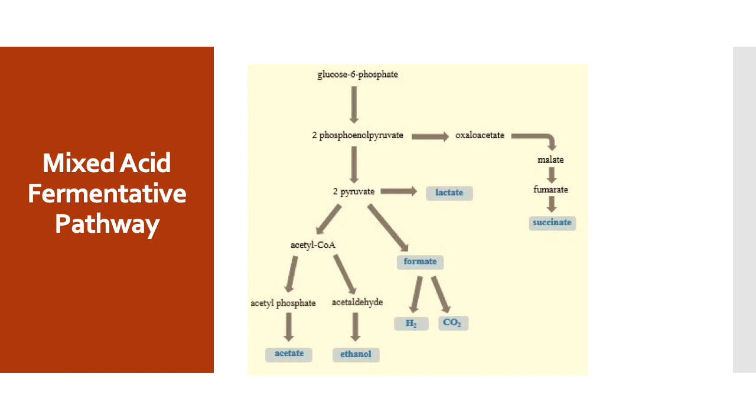The acetyl-CoA is then converted to acetate by the activity of two different enzymes, namely phosphotransacetylase and acetate kinase. And the formic acid breaks down into the gases like CO2 and H2 in the presence of enzyme formate hydrogen lyase, which is very typical in E. coli.